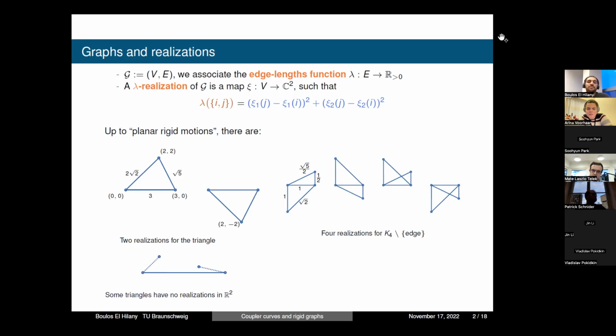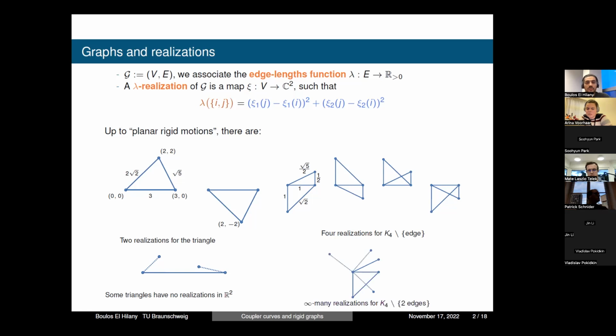For example, if we choose an edge length on the same triangle that does not satisfy the triangle inequalities, then one cannot realize it in R2, but believe me, one can realize it in C2 minus R2 up to planar rigid motions, if they're generic. And I'm going to explain what generic means in that sense.